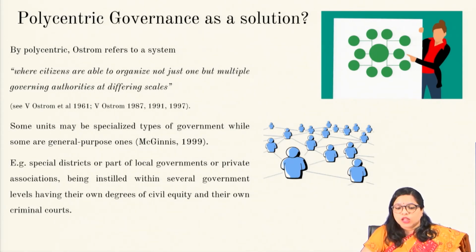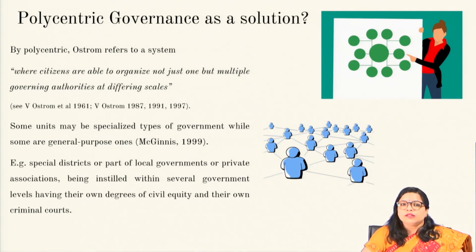With a particular geographical area, each unit has a degree of interdependence to create and implement rules within a certain scope of authority. According to McGinnis, with such a system, some units may be specialized types of government while some are general purpose ones. These self-organized resource governance systems might be of varied types such as special districts or part of local government or private associations, installed within several government levels, having their own degrees of civil equity and their own criminal codes.